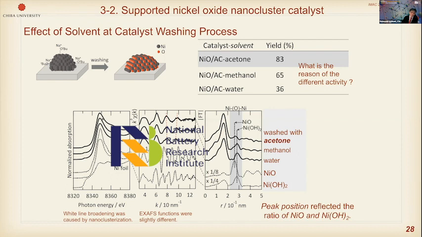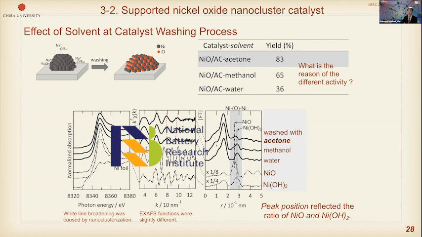However, there is almost no difference between the three solvents. However, in the EXAFS function, you can see a little bit of difference between them. It is slightly declined. So it means a different oscillation period between them.